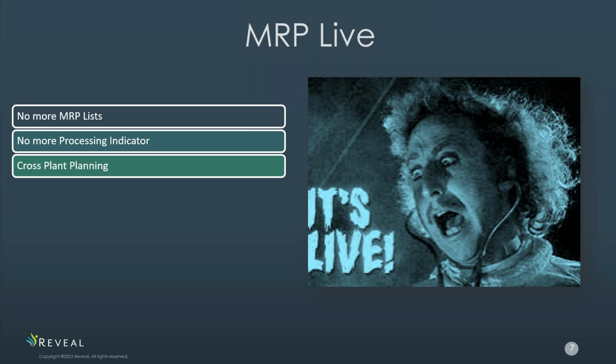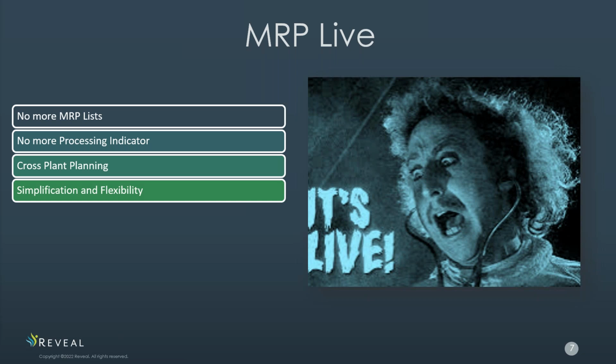Now we have goof-proof cross-plant planning. And what I mean by this is that when we go and we run for that material, it is going to go through the entire supply network, and it is going to plan for us in the right order. So before we had to manage that with the way that we were sequencing our batch jobs or our scope planning, in the future, we no longer need to do that. SAP will do that automatically for us.